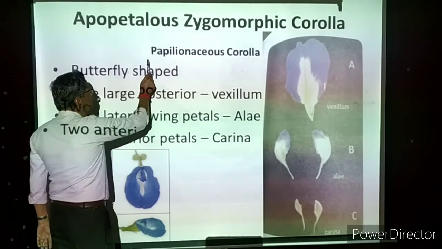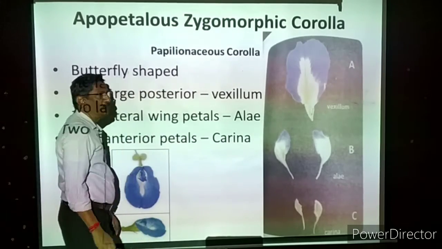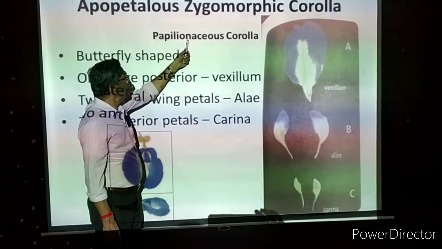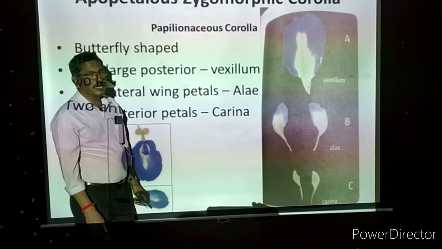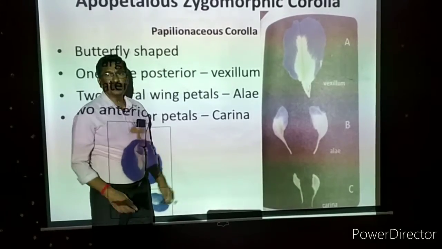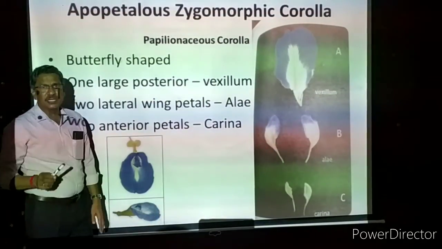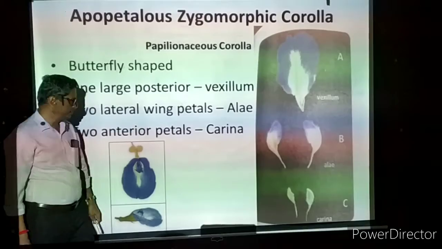Now in the zygomorphic corolla, we are going to study the papilionaceous corolla, the best example for this. What is the meaning of papilionaceous? Papilionaceous means butterfly. The corolla is giving the appearance of a butterfly. That is called a butterfly shaped corolla.